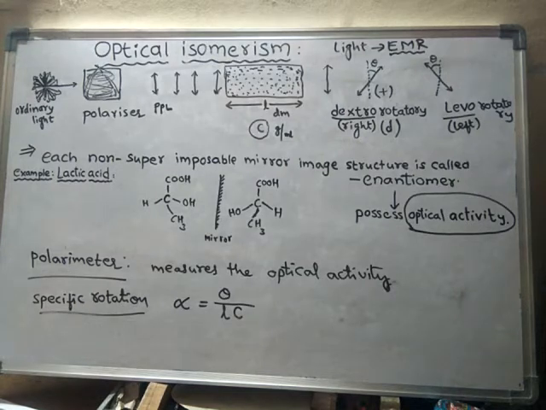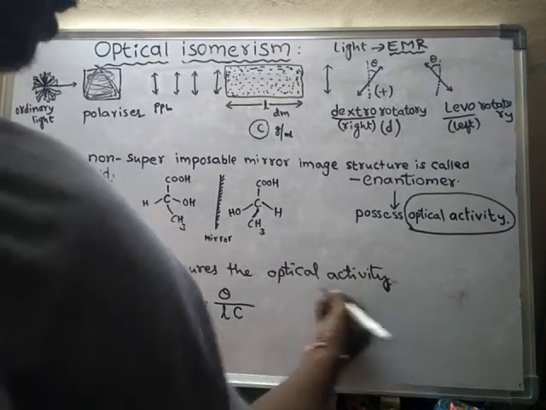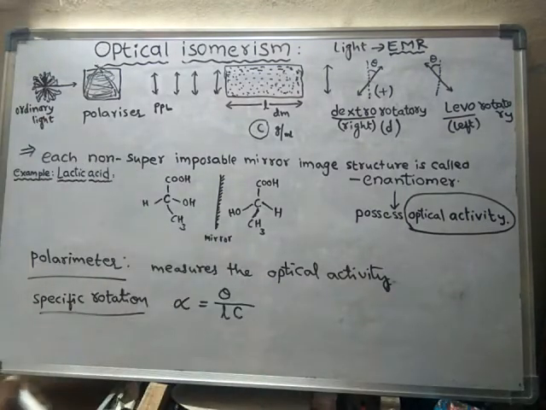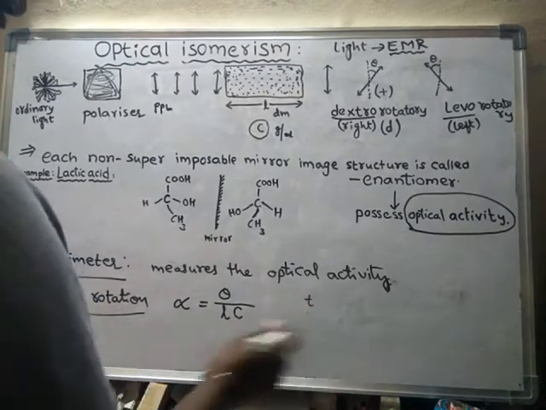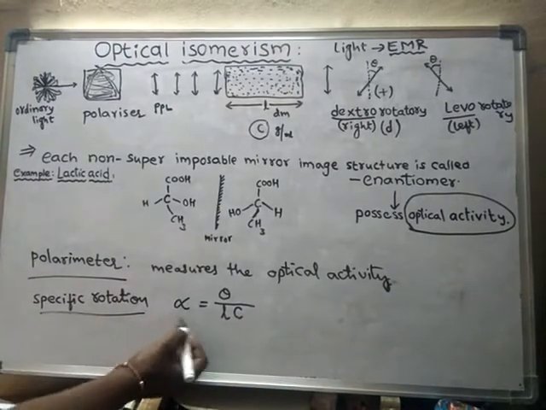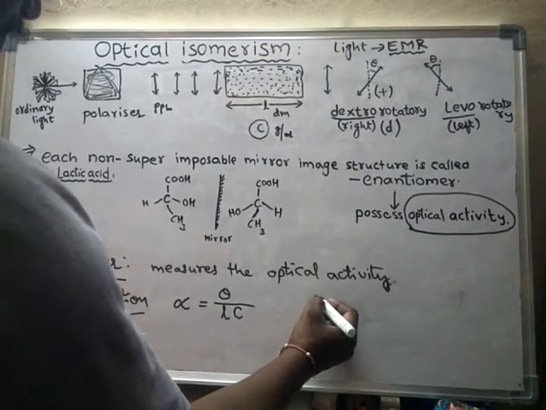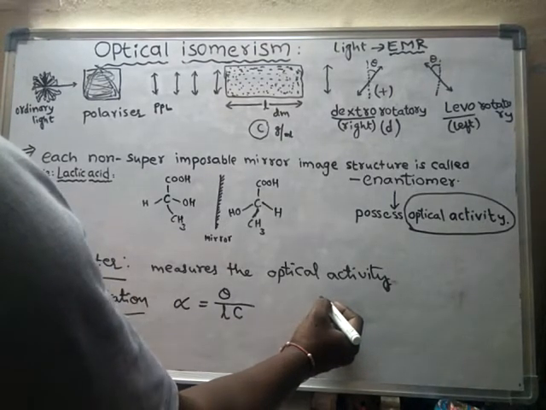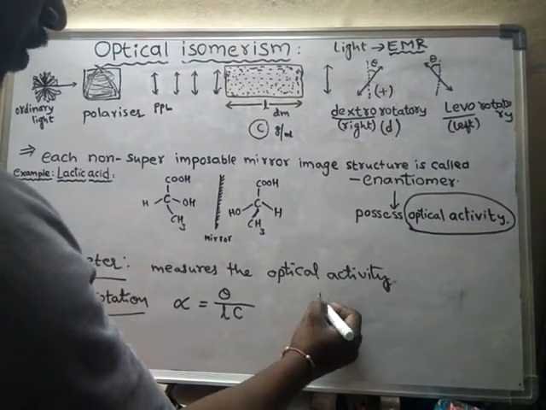So the amount of rotation is not constant. It depends upon the concentration, length, and temperature. What are the factors on which the specific rotation depends?